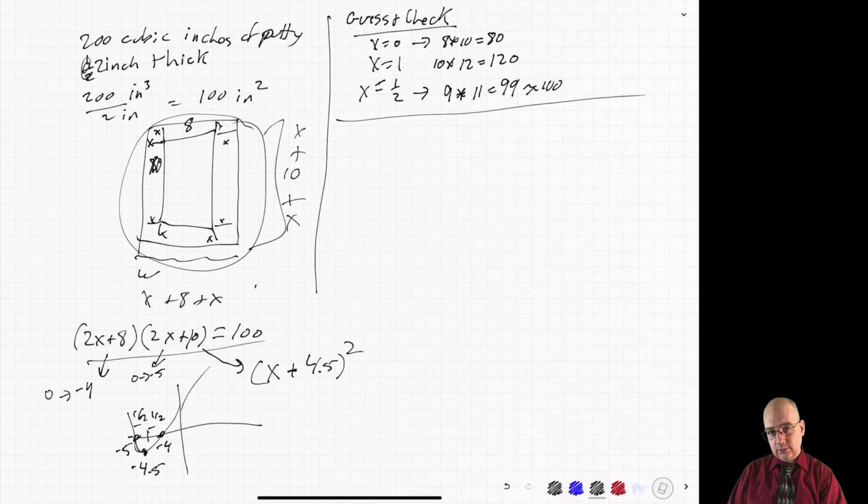You want to negate the vertex x coordinate there. And then you square the length. So 1/2 squared is 1/4. Negate it, multiply by a, which in this case is 1, and you get -1/4. And that's all equal to 100.